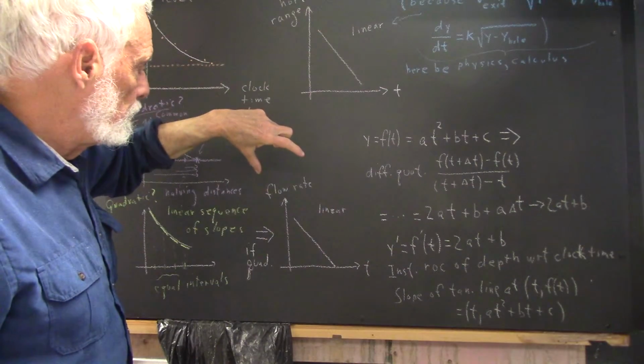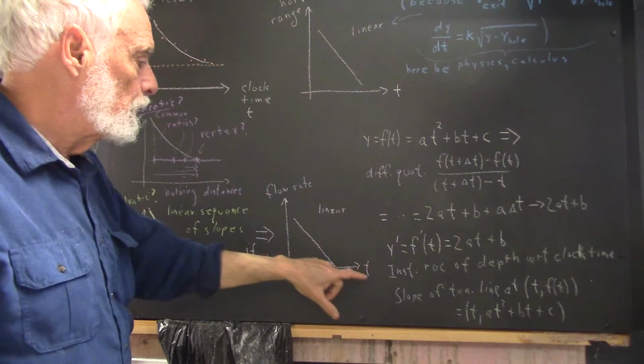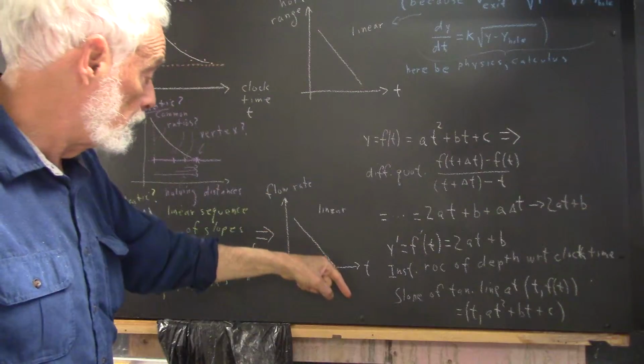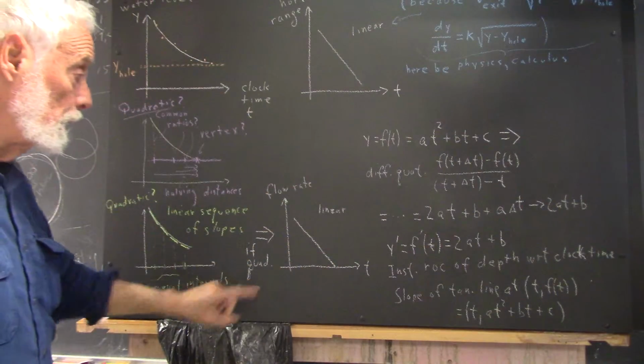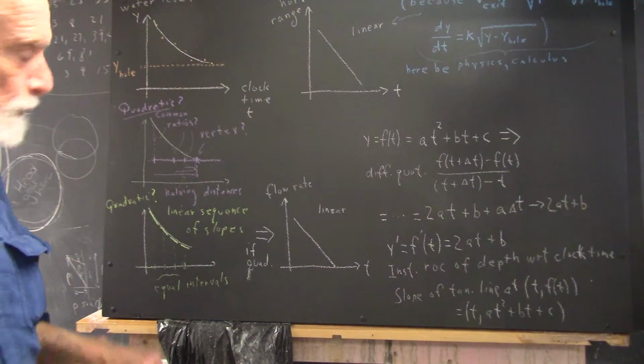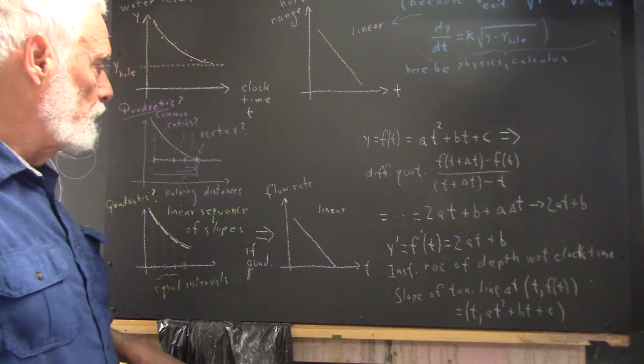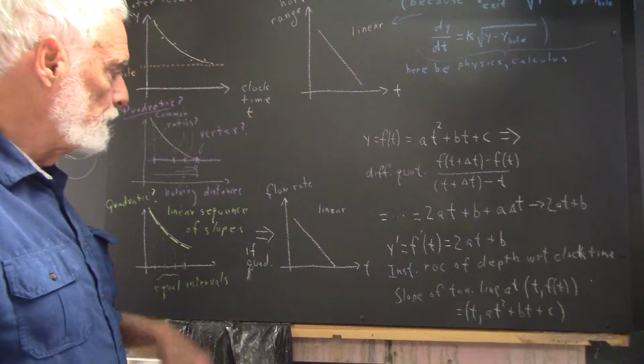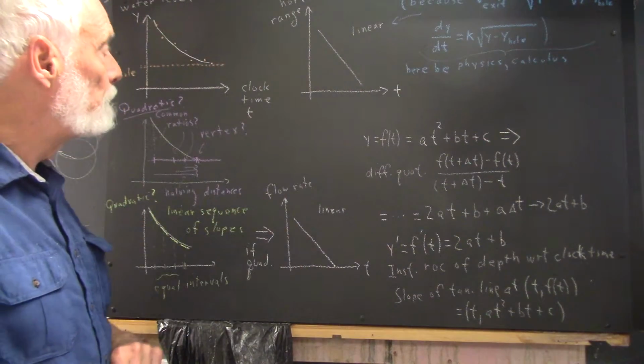Whatever units you use, your flow rate is going to be a linear function of clock time if this graph really is quadratic, and it's easy to prove that. We kind of do right here, but not really. There are several connections to make, geometric connections and so forth, but it's fairly easy to get from here to here.